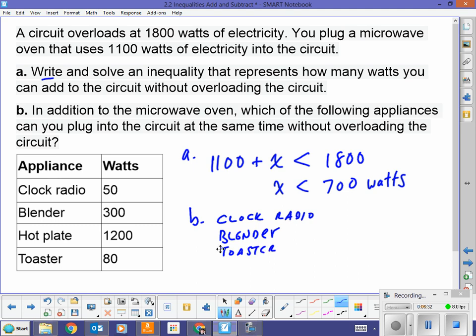And let me see, can we do all these at the same time? 350 and 80 would be 430. So sure, we can plug all those at the same time with the microwave or individually with the microwave and not overload the circuit. Hot plate, though, at 1200 will overload the circuit along with the microwave.